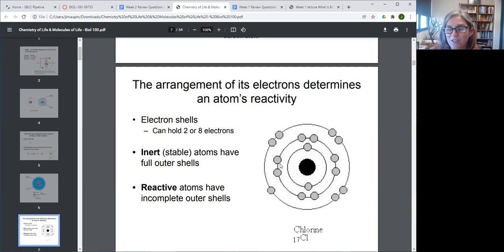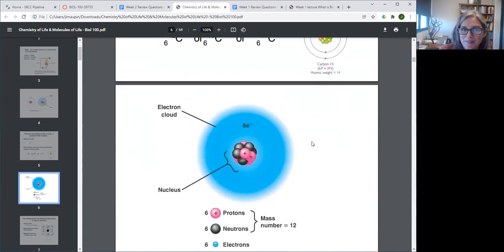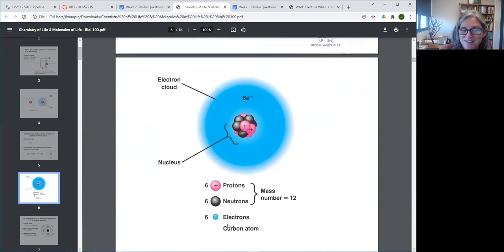Then this next one out from here holds up to 8 electrons. So how many electrons does carbon have? Let's go back to carbon. Carbon has 6 electrons.